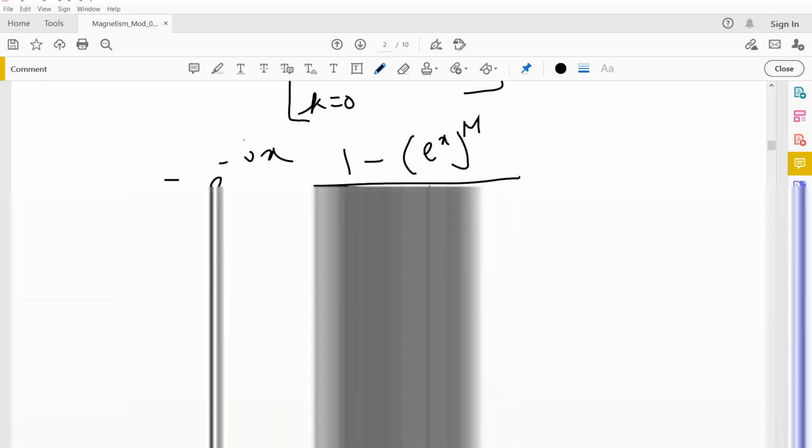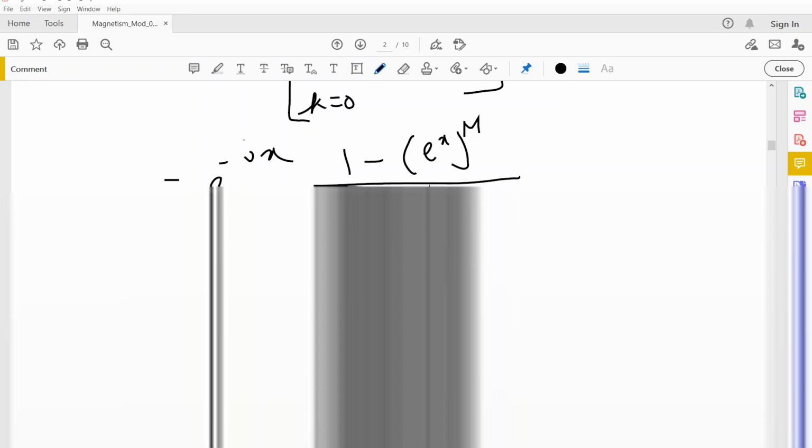So let's say we are trying to find out the magnetization, and the idea is that there are, let's say, n number of electrons in the atom. Every atom will have some magnetic moment, and the moment we want is along the z direction.